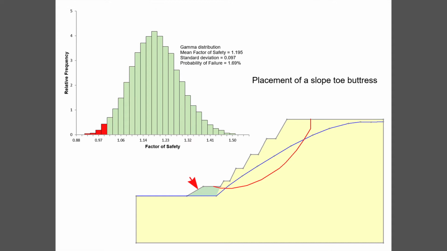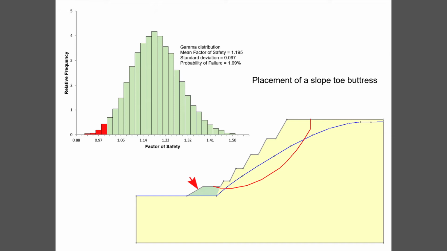And finally, the application of a toe buttress, which in this case is simply a dump of waste rock placed at the toe of the slope. And this can be very effective because what it does sometimes, as it has here, is to change the profile of the failure surface.